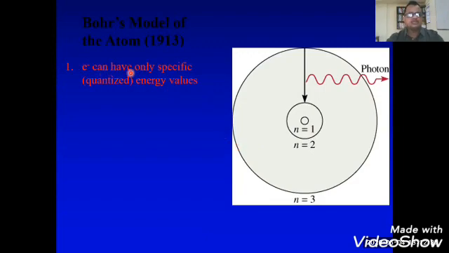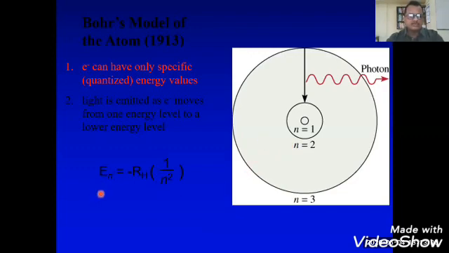So electrons can have only specified quantized energy values. Light is emitted as an electron moves from one energy level to a lower energy level. The energy of an orbit is given by this formula, En is equal to minus RH 1 by n square. So what is RH? It is called the Rydberg constant for the hydrogen atom.